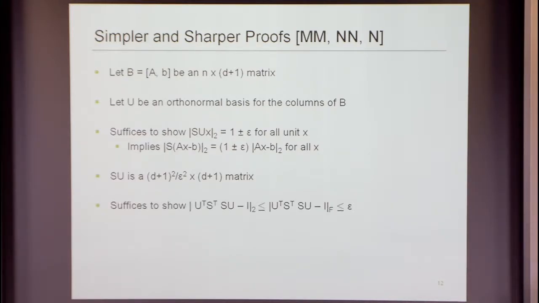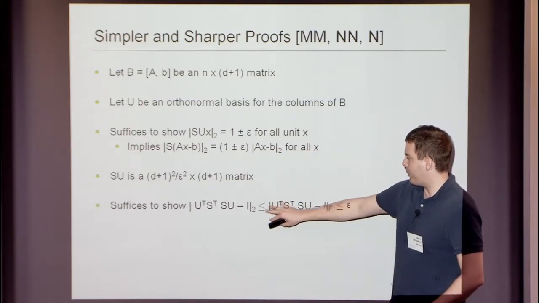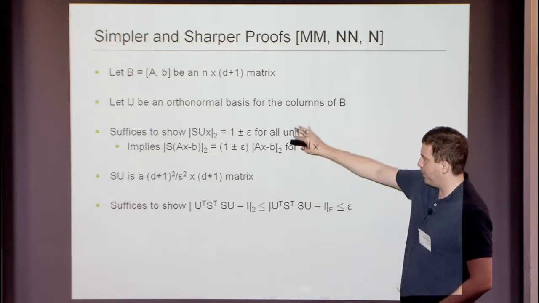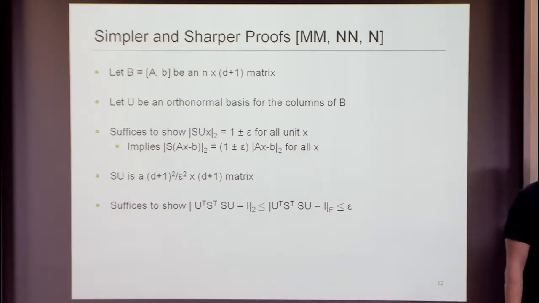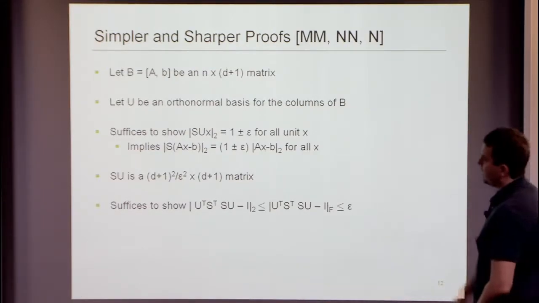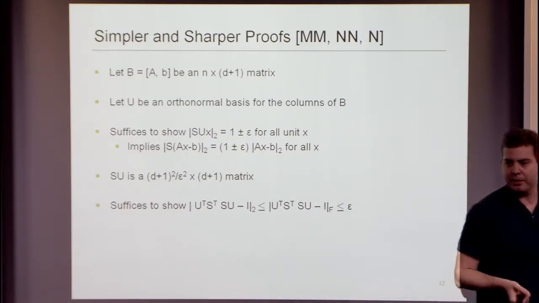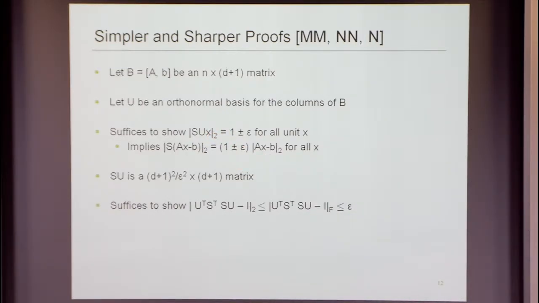And what I claim is that it suffices to show this following property, this operator norm property, and this will imply the claim that it preserves the norm of all vectors in the column span. So what does it mean that it preserves the norm of all vectors in the column span? It means all the singular values of S times U are 1 plus or minus epsilon, right? Or in that range.